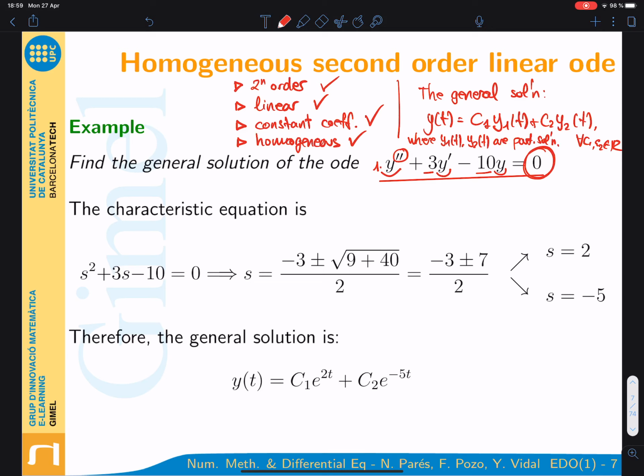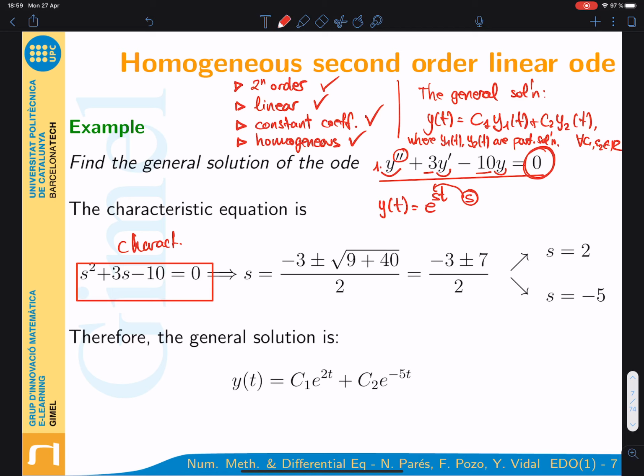So the only thing we need to do to solve this ODE is to find 2 particular solutions. And we know, because we checked before, that when we try particular solutions that look like this, they verify the ODE if s, that appears here, satisfies the so-called characteristic equation.